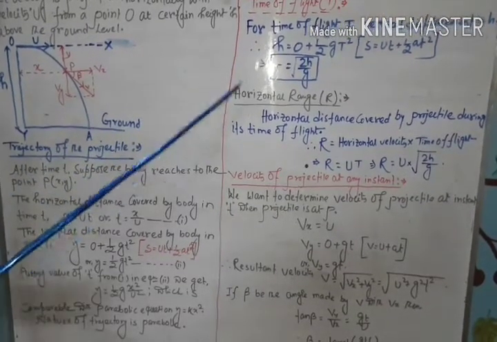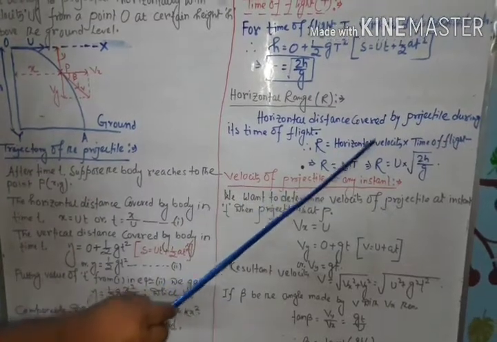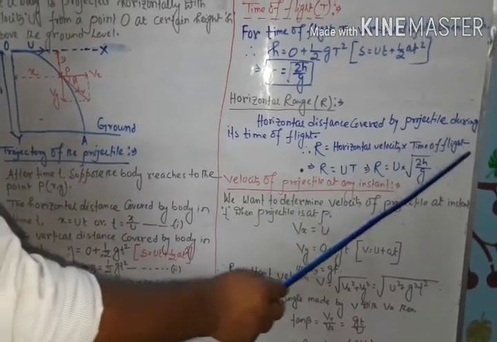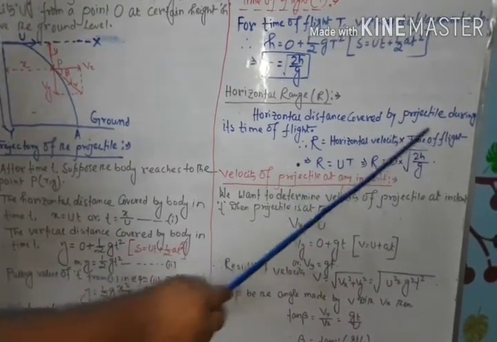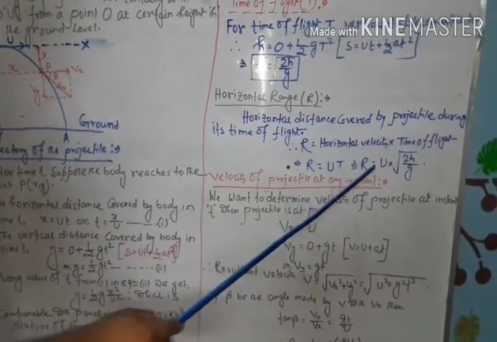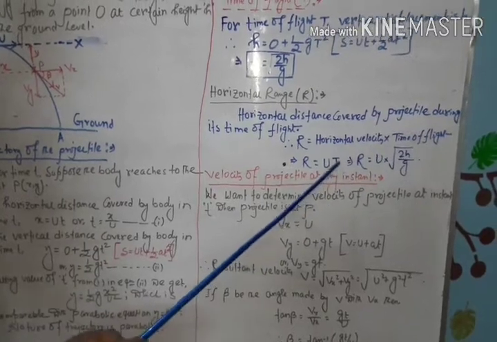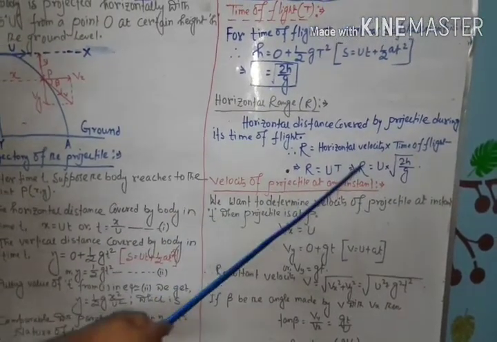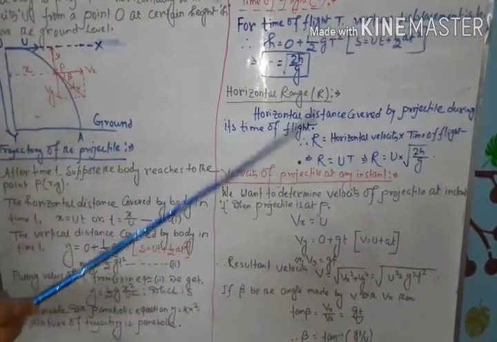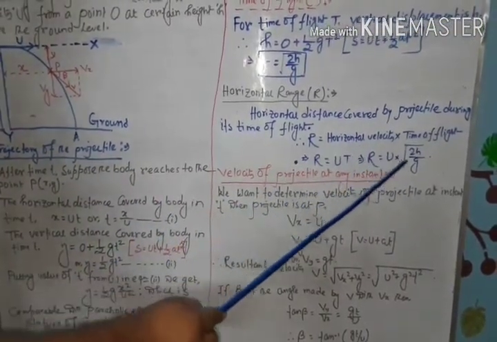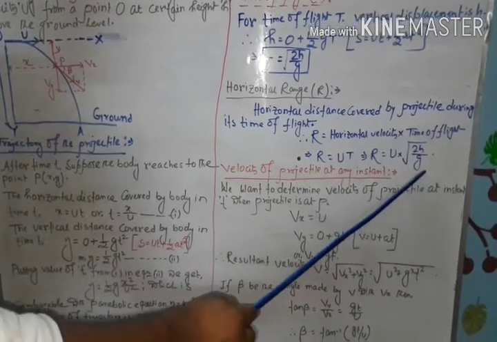Therefore the horizontal range equals horizontal velocity into time of flight. So R equals u into T, and putting T equals root over 2h by g, the horizontal range R equals u into root over 2h by g.